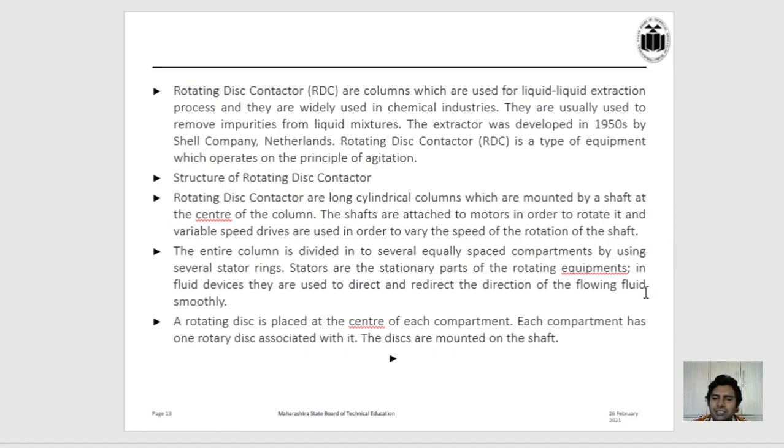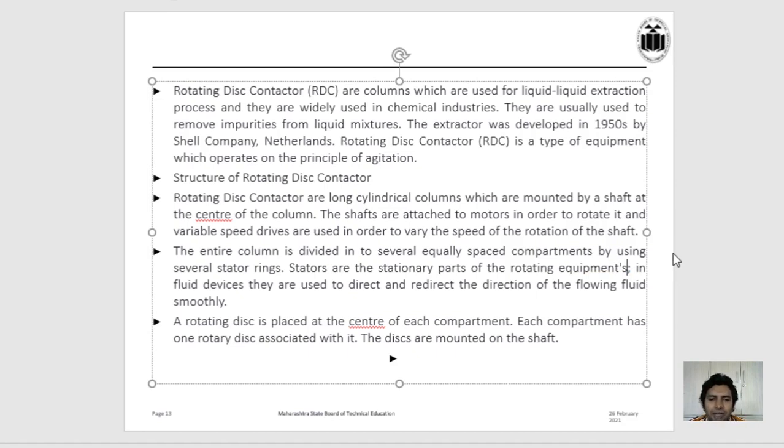Stators are the stationary parts of rotating equipment in fluid devices. They are used to direct and redirect the flowing fluid smoothly. The rotating disc is placed at the center of each compartment, and each compartment has one rotary disc associated with it. The discs are mounted on the shaft.